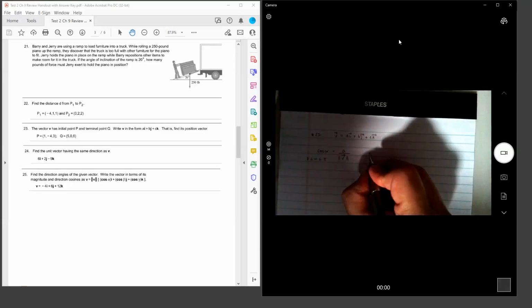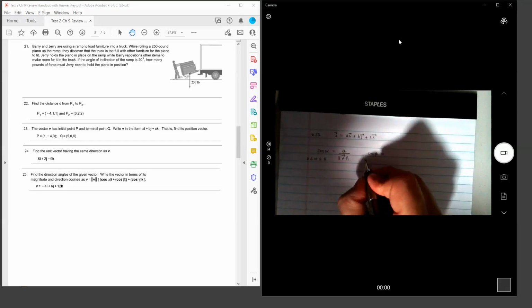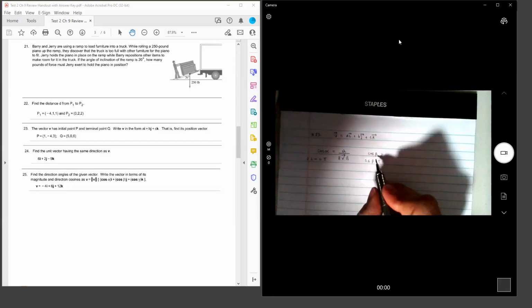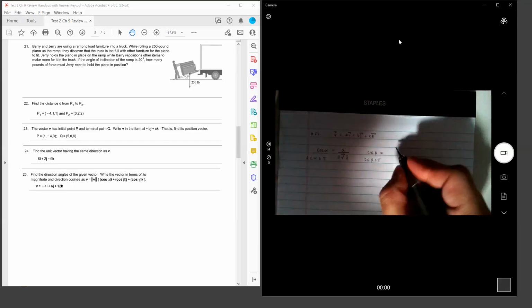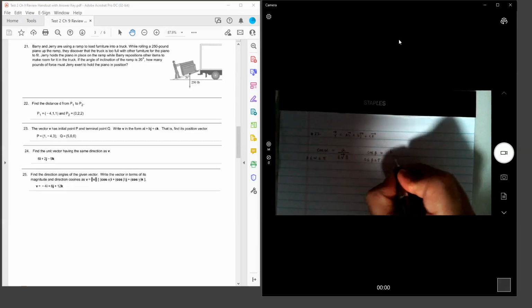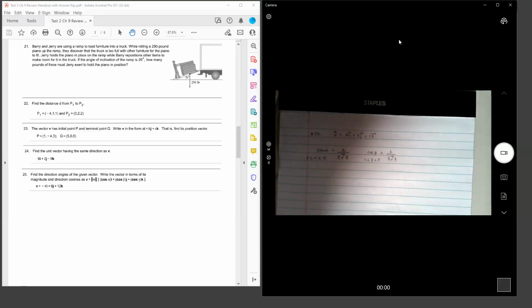And then we have the cosine of beta, and beta is also from 0 to pi. Beta is the angle between the vector and the y-axis. So we have that is equal to b over the magnitude of the vector v.